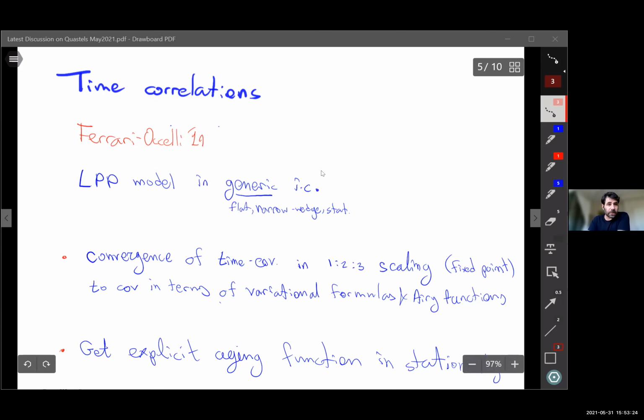So probably the first rigorous result on time correlation is due to Ferrari and Occelli in 19, where they took the last passage percolation model with generic initial conditions, and they proved the convergence of the time covariances under the KPZ fixed point scaling to certain covariances of some stuff that is written in variational formulas using Airy functions. Well, we now know that this is exactly the covariances in terms of the KPZ fixed point.